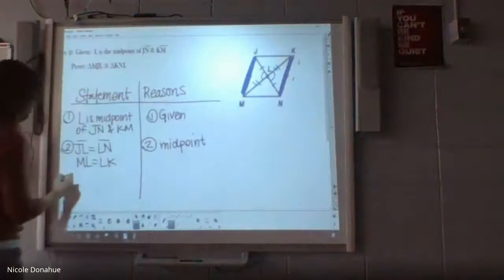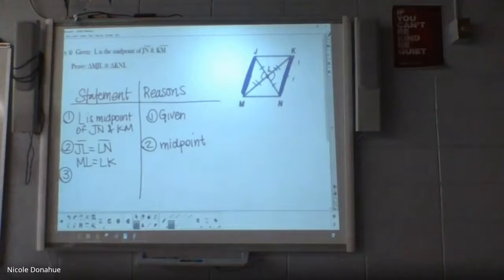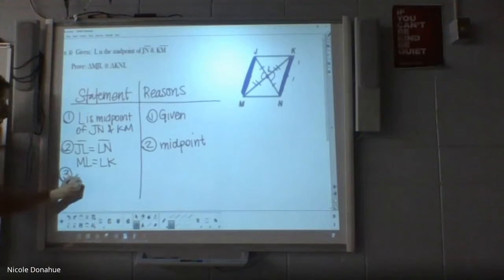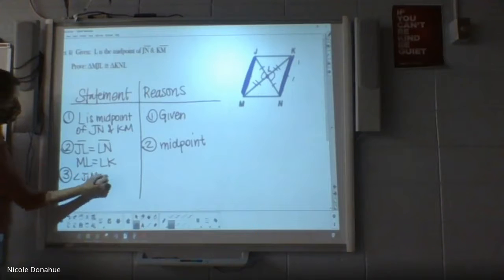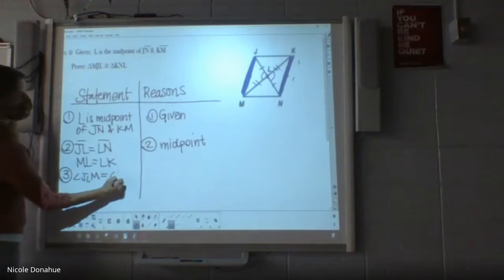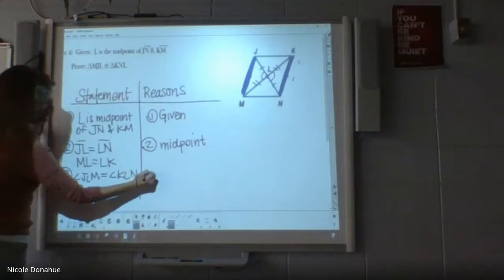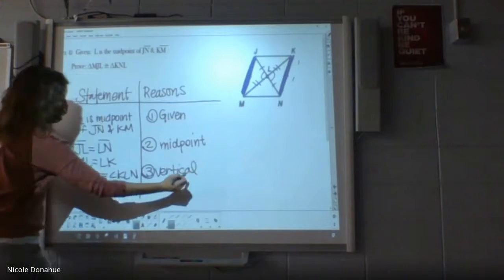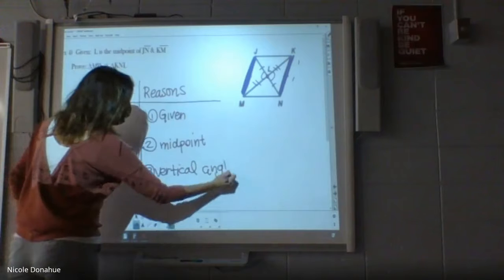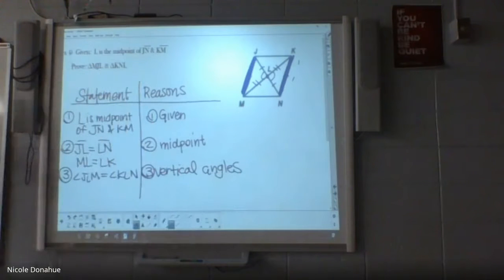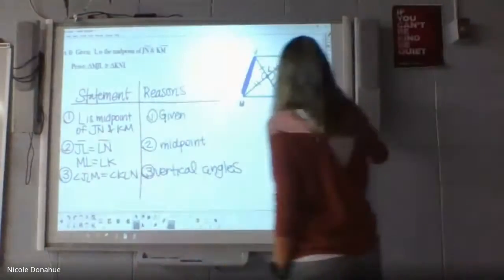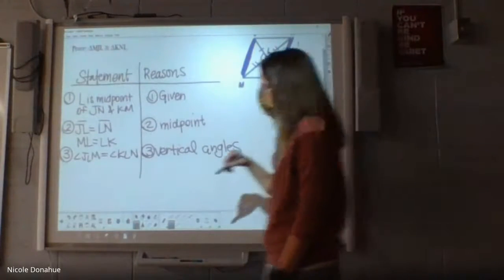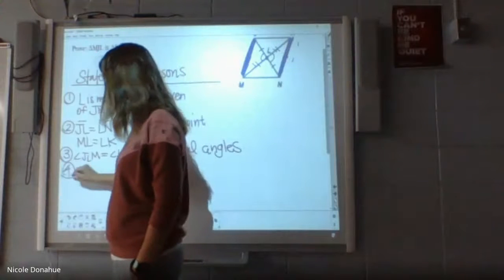Naming the angles is probably the hardest part. So JLM, and then KLN. Now, do I have enough? Yep. We have enough information now to prove these triangles are congruent.